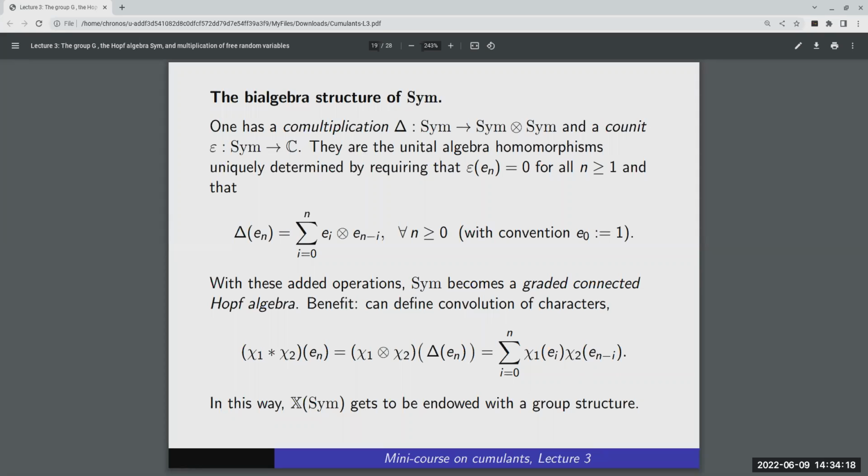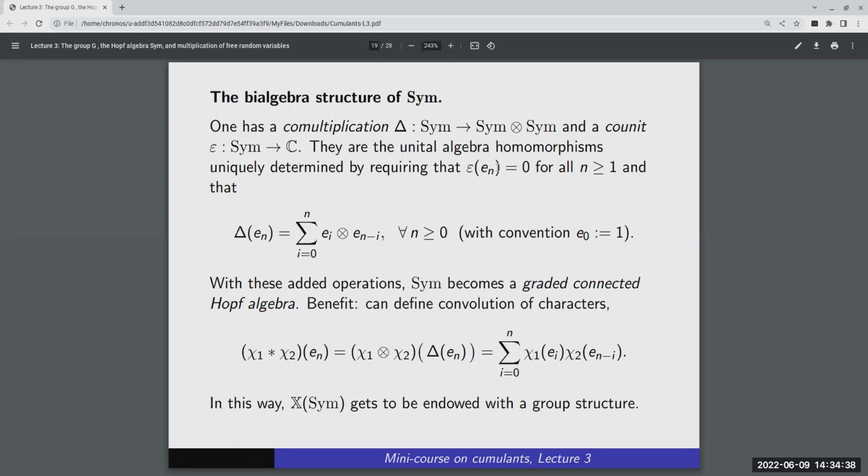Very much an orgy of terms here. But anyway, let's look at this one. There are two algebra homomorphisms from Sym into the tensor product with itself. That's the co-multiplication, and the co-unit going into the scalars.